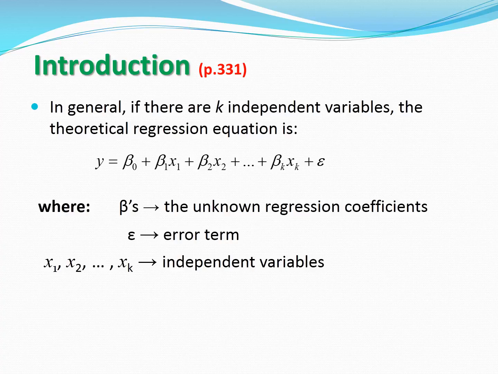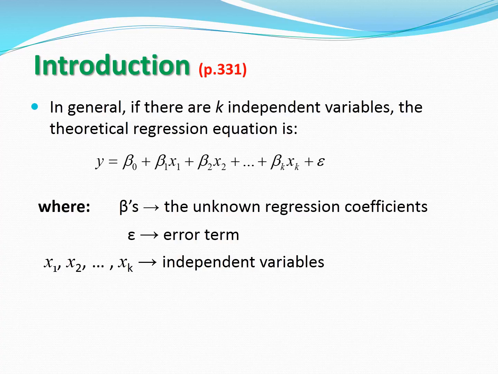In general, if we have, for example, k independent variables, then the theoretical regression equation will be given by this equation. So beta 0 indicates your y-intercept, and beta 1, beta 2 up to beta k will be the unknown regression coefficients. And then epsilon will be the error term.